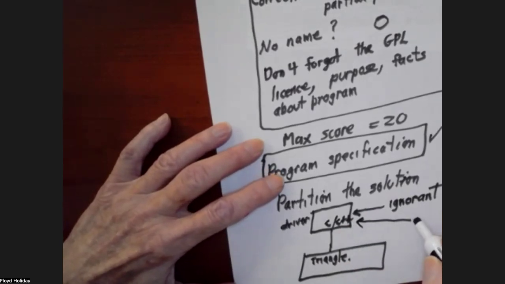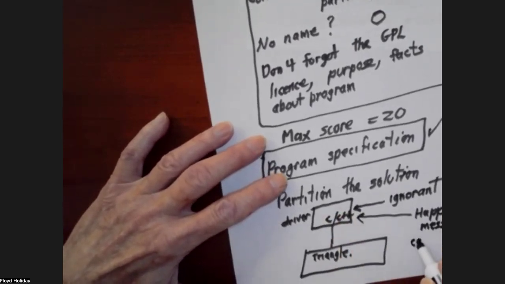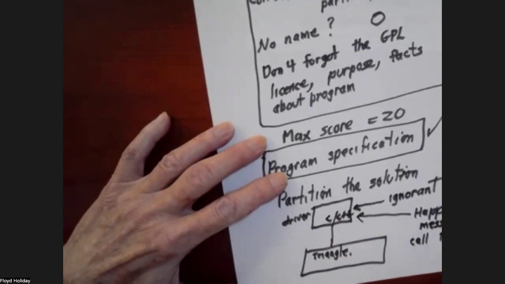What it does, it makes a happy welcome message. Then it makes a call. It calls triangle. It receives a number back.